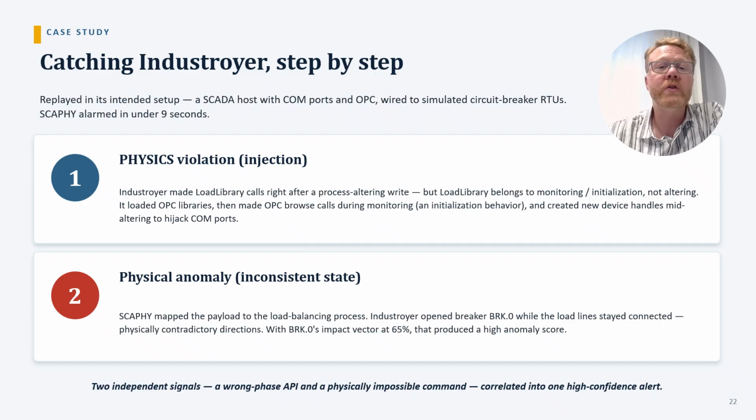Second, there was a physical inconsistent state anomaly. In-destroyer opened a breaker while load lines were still connected. This is a physical contradiction. This event scored high in the SCAPHY analysis because the breaker's impact was 65% based on their model. Both of these fired in under 9 seconds during testing, and that proves that the right API wrong phase idea plus the physical model work together.